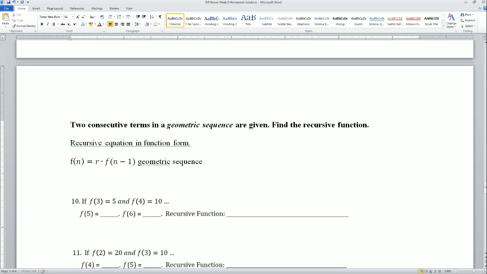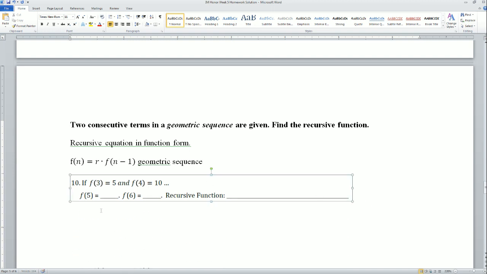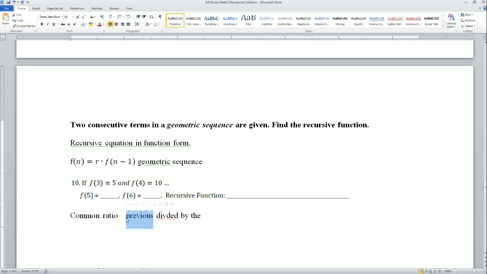Here for a geometric sequence we have to find the common ratio, right? To find the ratio, we do the second term divided by the previous term, right?